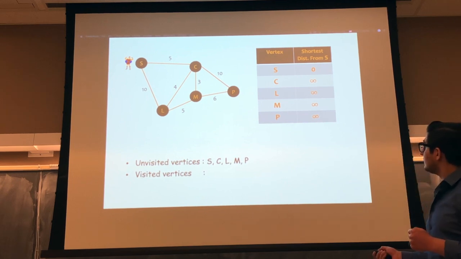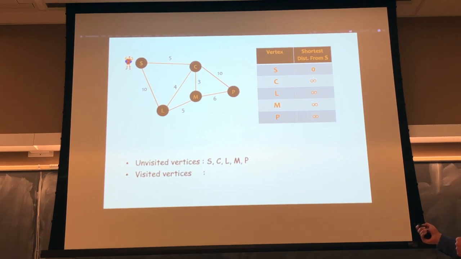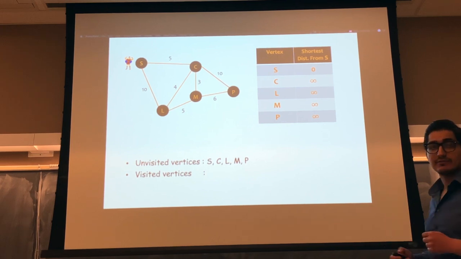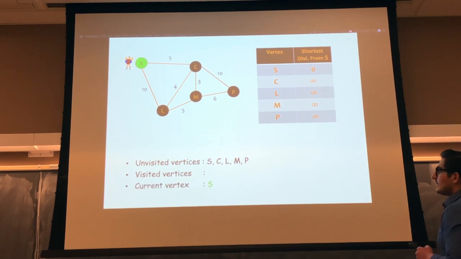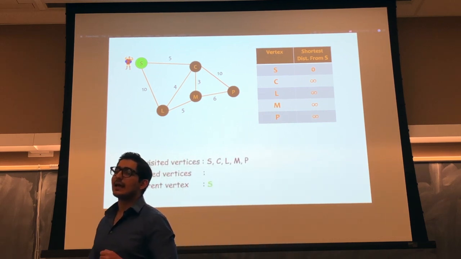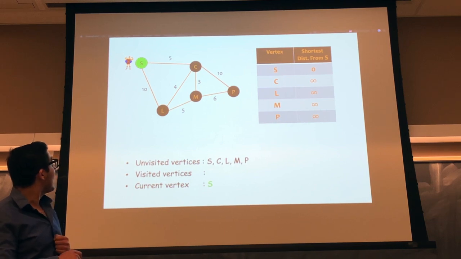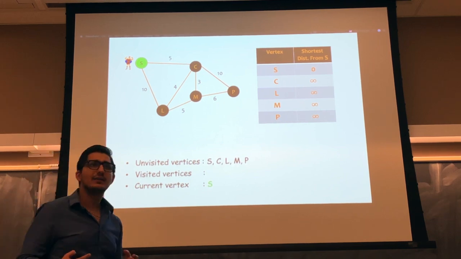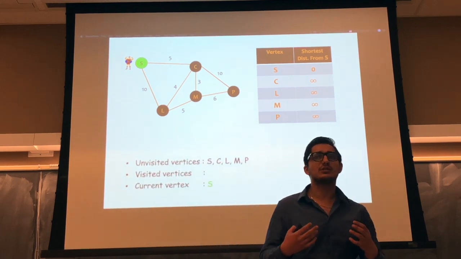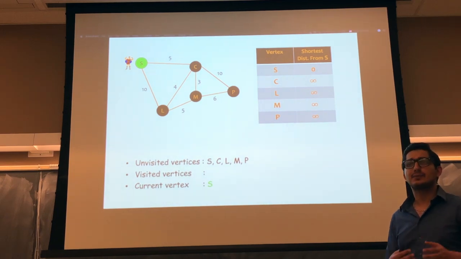In the first iteration, we go through the list of all unvisited vertices, S, C, L, and P, and take the one with the shortest known distance from S. In the first iteration, that would be S itself. We call it the current vertex, and we examine all unvisited neighbors of the current vertex. In this case, it would be C and L, and we check if we can find shorter path from the source node to these vertices with current vertex as the immediate predecessor.